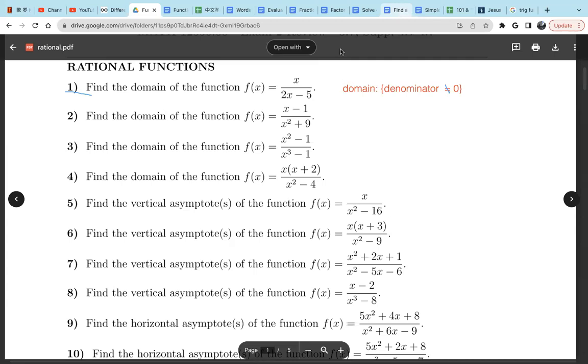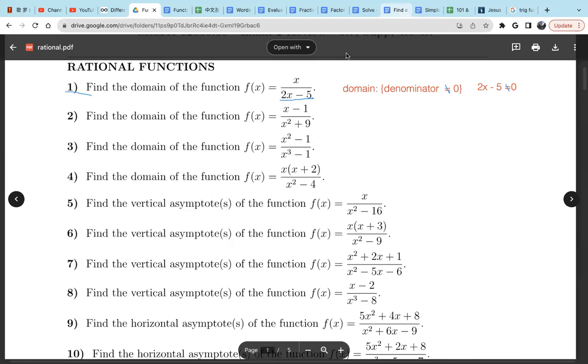So the denominator, in the first one, is 2x minus 5. So we just do that. Let's say, okay, 2x minus 5 not equal to 0. Again, write down equal to 0, then I slash through the equal sign.